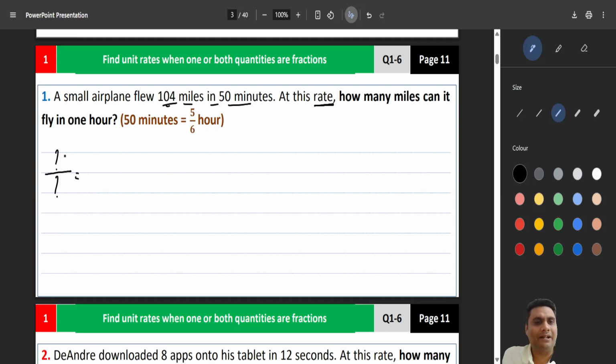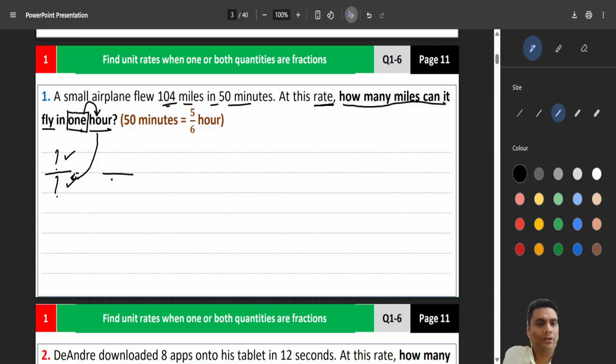How will you decide which one will come up and which one will come down? For that, you will have to read the question. How many miles can it fly in 1 hour? So here the keyword will be 1. Find this word.